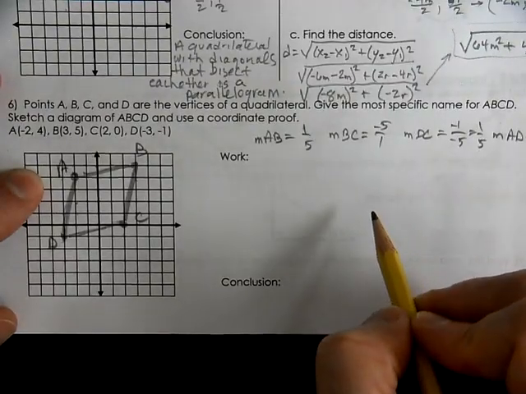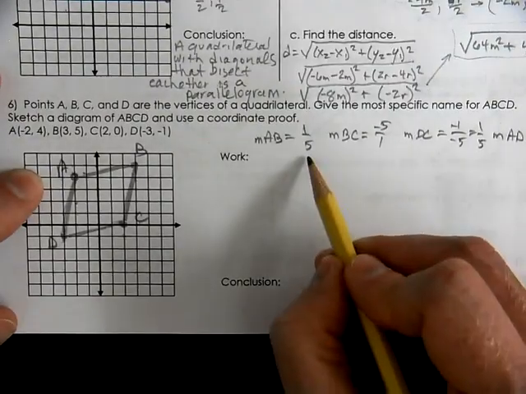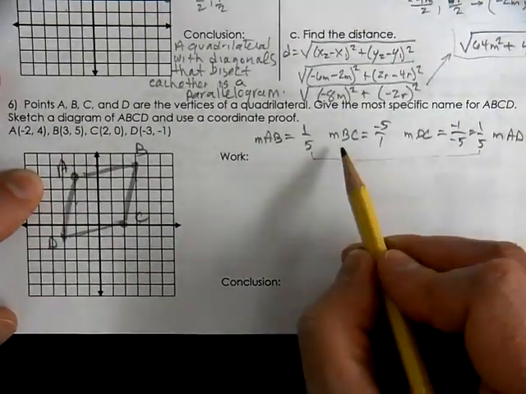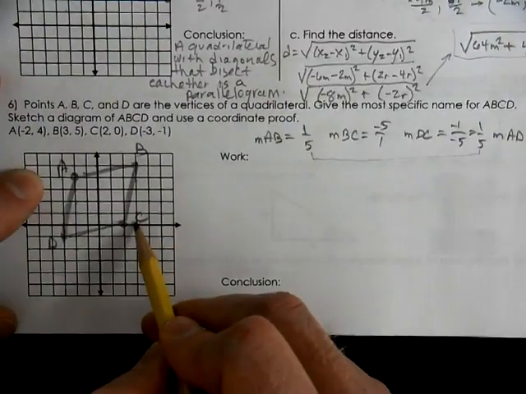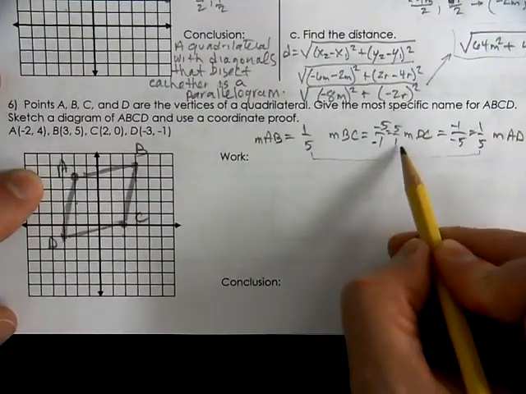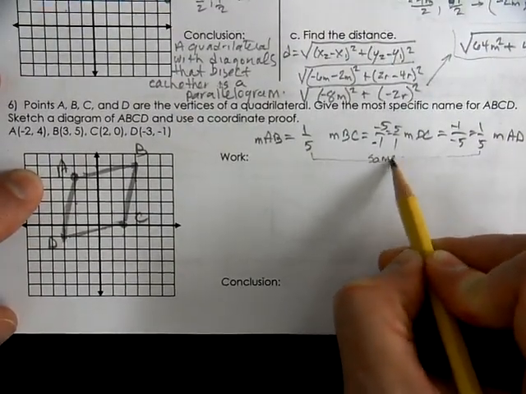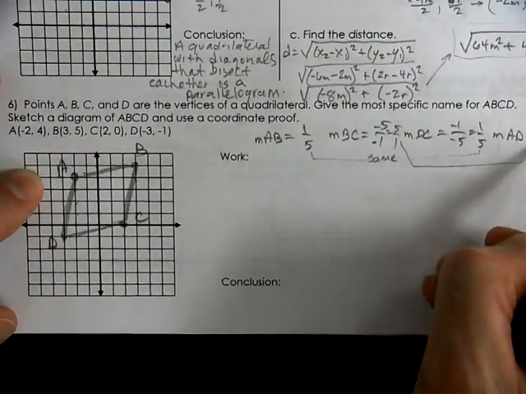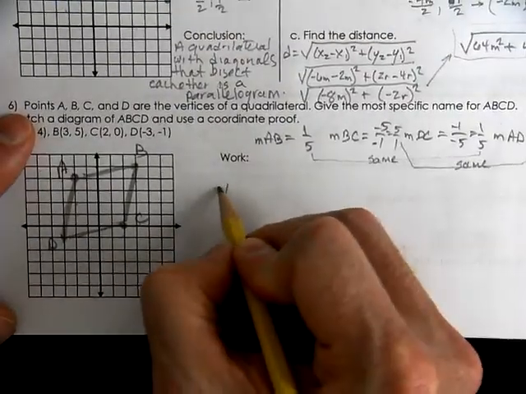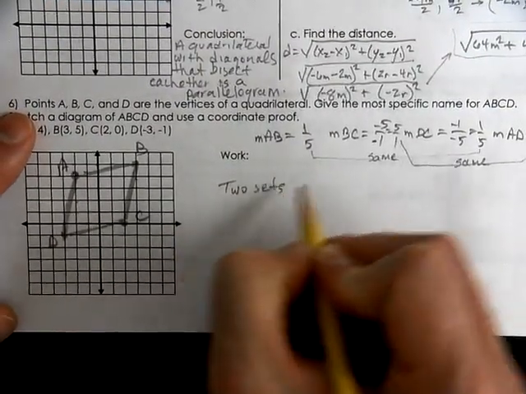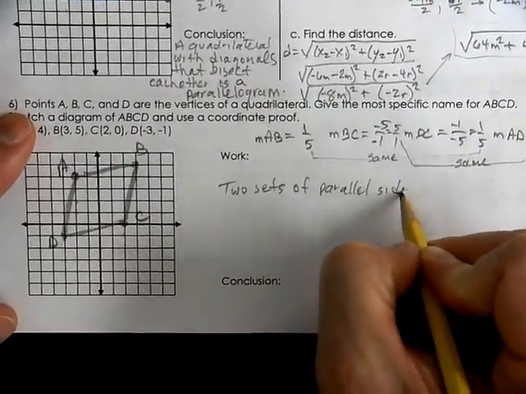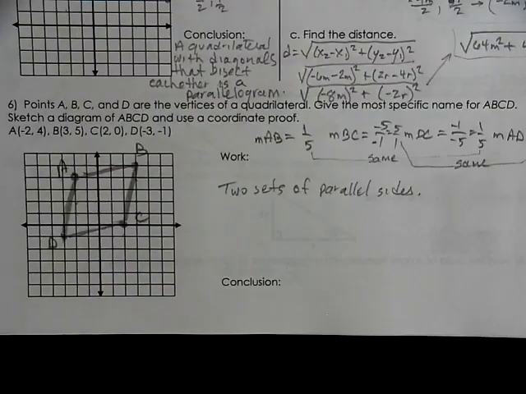So we see that these two match exactly. That was down 5, backwards 1, which is 5 over 1. So these are the same. So we have two sets of parallel sides. That's going to make a parallelogram.